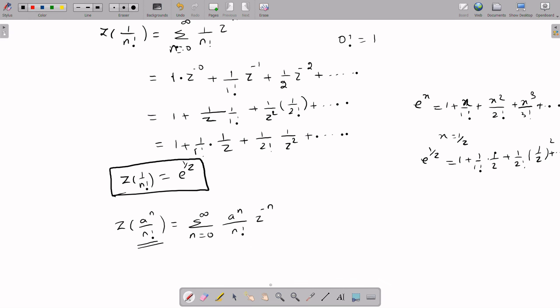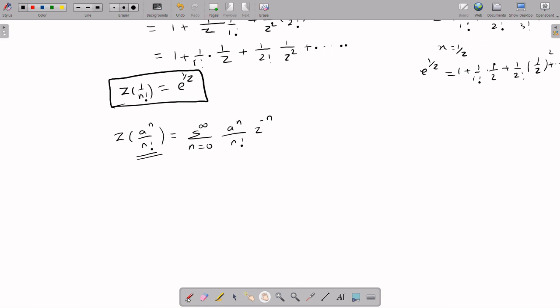Here you have to expand the summation. Before expanding, you combine the terms. a power n Z power minus n can be written as a Z power minus 1 whole power n. Combining these two terms, a Z power minus 1 whole power n divided by n factorial.